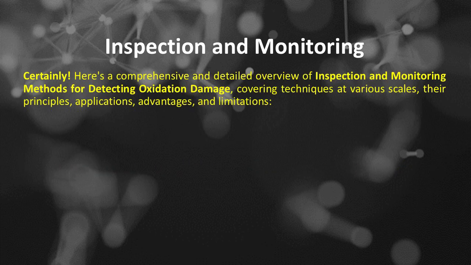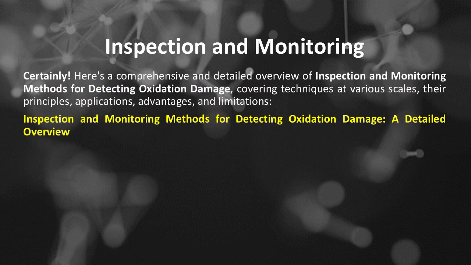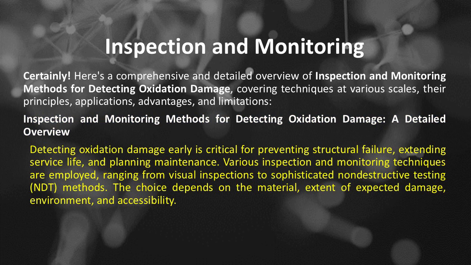Here's a comprehensive and detailed overview of inspection and monitoring methods for detecting oxidation damage, covering techniques at various scales, their principles, applications, advantages, and limitations. Detecting oxidation damage early is critical for preventing structural failure, extending service life, and planning maintenance.